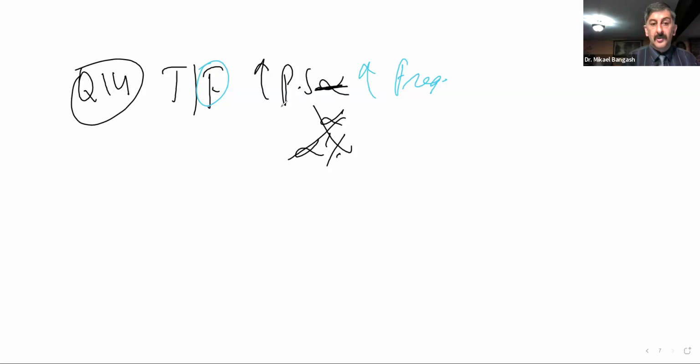It's not going to lead to an increase or decrease in the propagation speed. Why? Mainly because these two are not related.